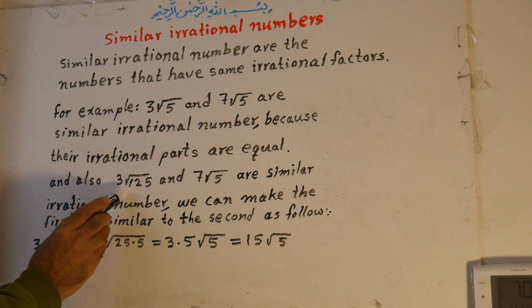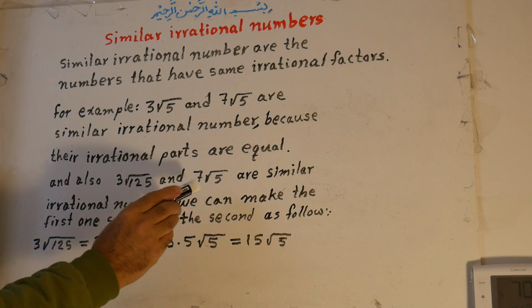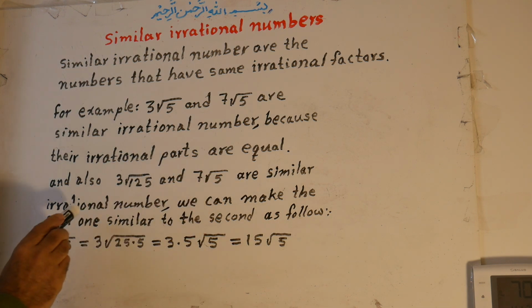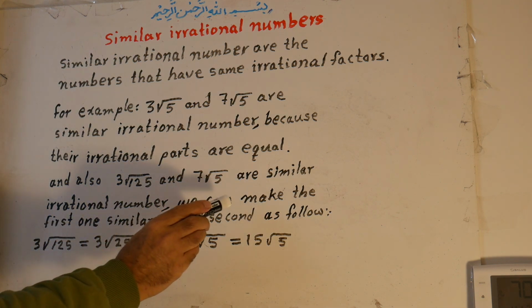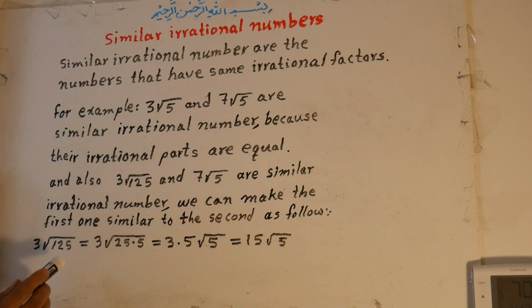And also 3 square root of 125 and 7 square root of 5 are similar irrational numbers; we can make the first one similar to the second one as follows. 3 square root of 125 is equal to 3 times the square root of 25 times 5, since we can factor 125 into two factors of 25 times 5.